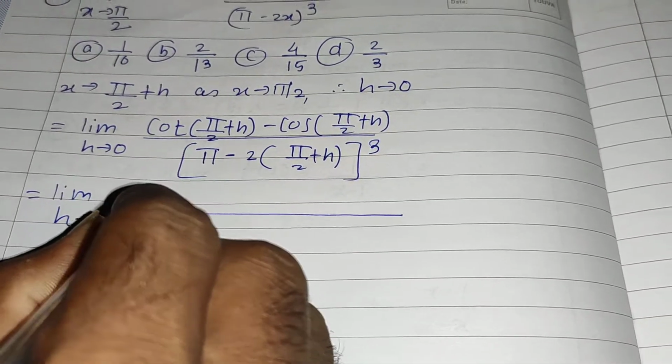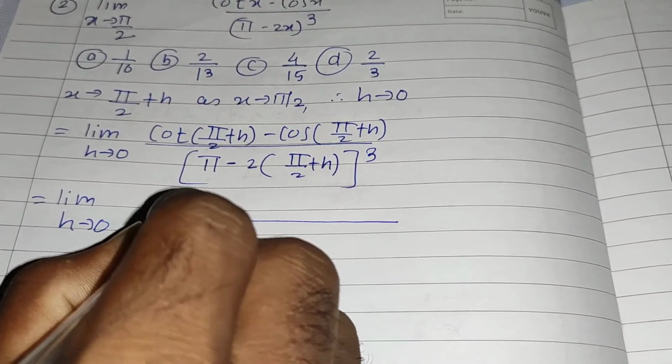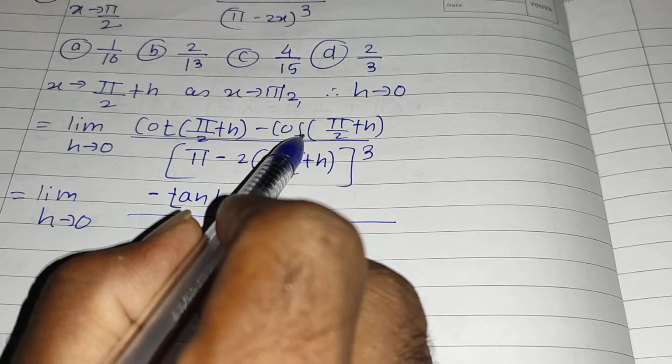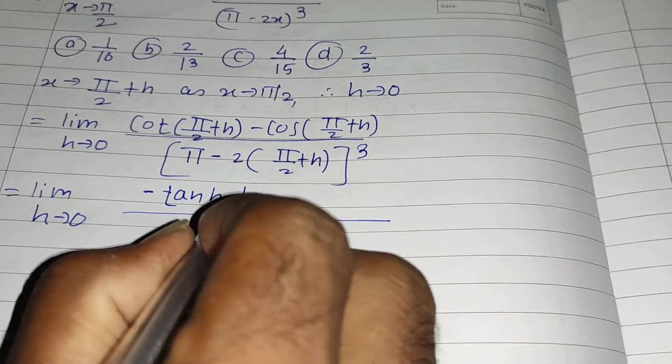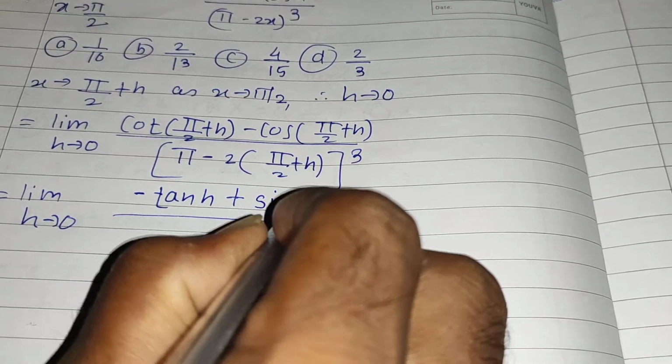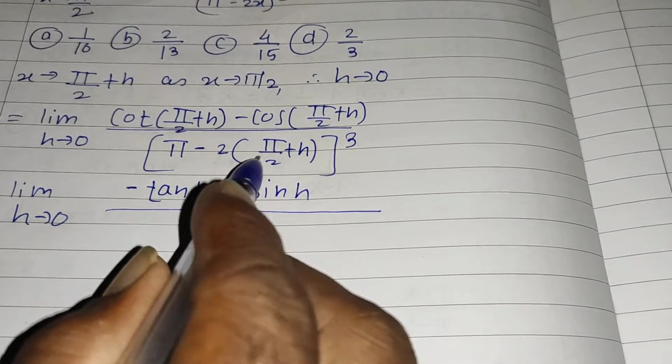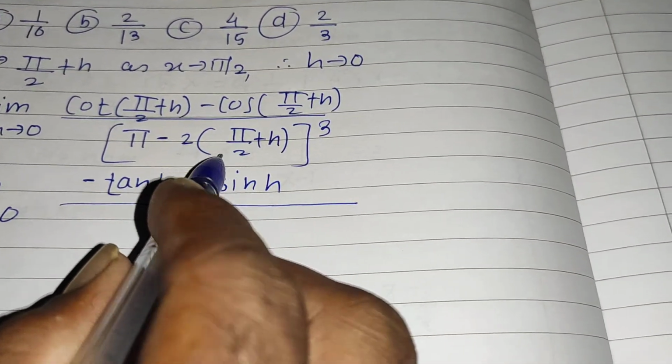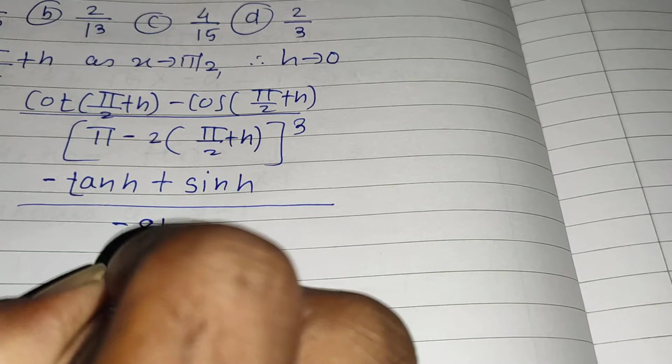This is replaced by minus tan h, this is replaced by plus sin h, and this is replaced by minus 8 h cube.